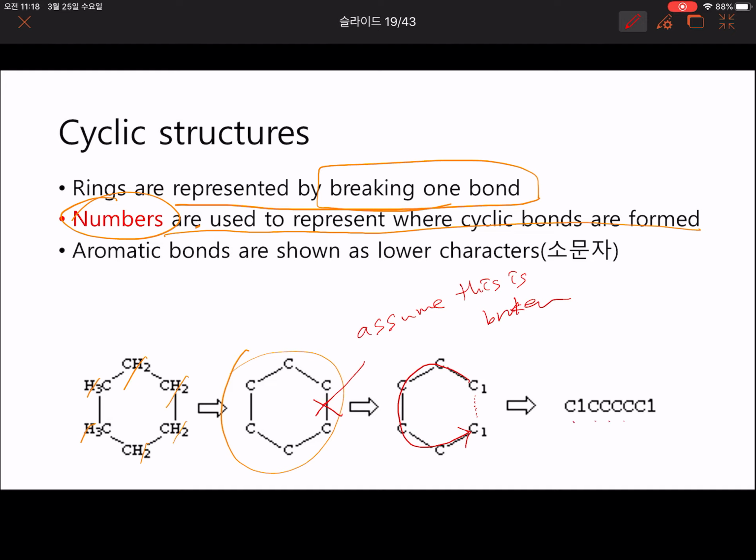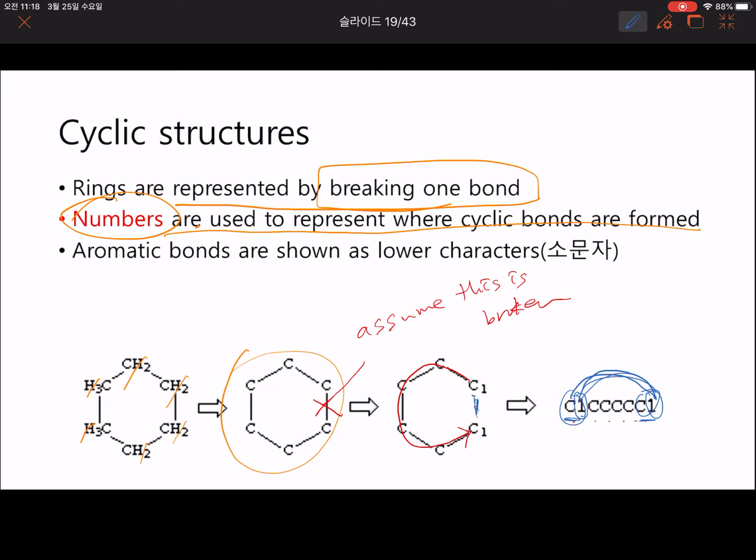C, C, C, C, C, C. But actually there is a line, right? So in order to represent this line, we put number 1 and number 1 at the connected points, at two endpoints. Then this number 1 and this number 1 mean that these two atoms are actually connected.